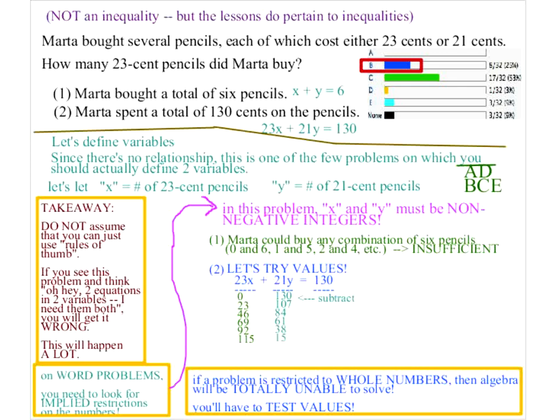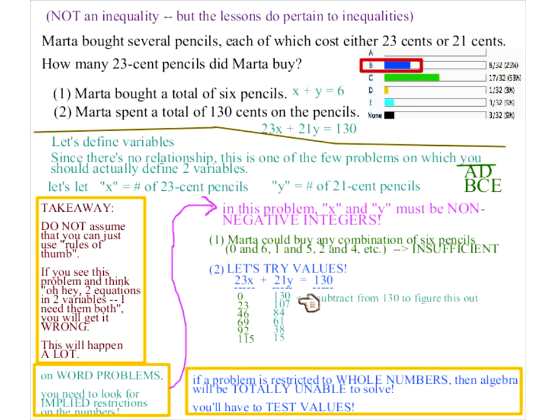And in this case, 15. So notice that what we're doing is you just subtract from 130 to figure this out.